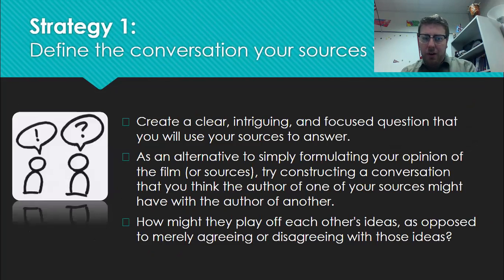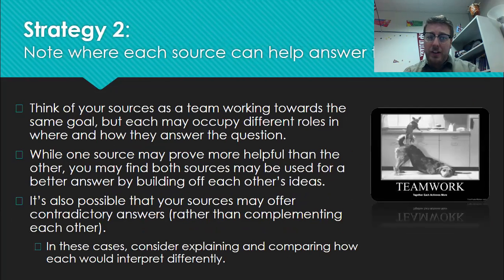Okay, so maybe you've already done that, and maybe you have a question now that you're going to make this entire paper, this entire conversation about. Well, once you have that question, now what we really need to do after defining the conversation is know where each source is going to help answer the question. You need to figure out, in other words, what role the article by Fromm is going to play and what role the article by Ross and Nisbet is going to play.